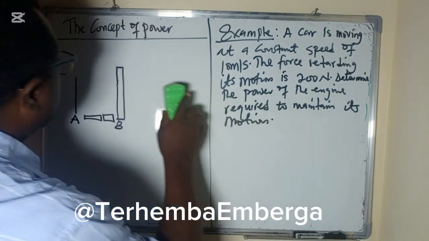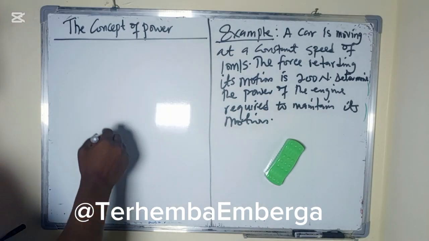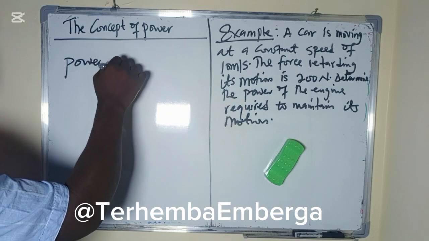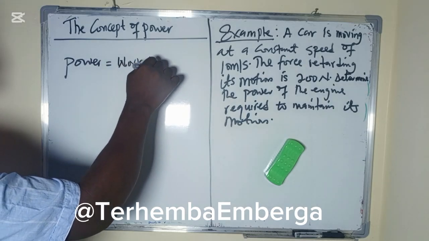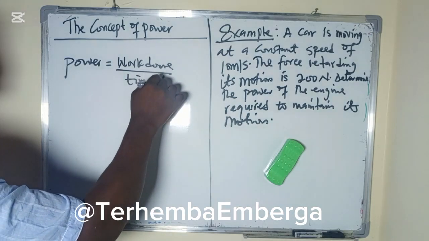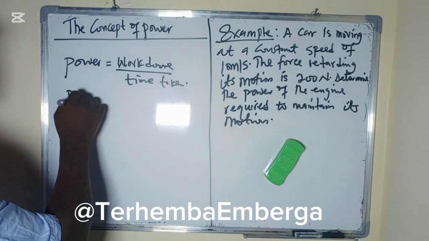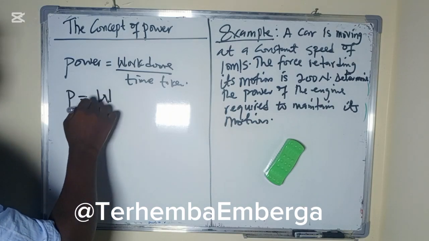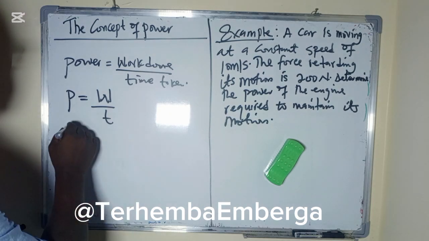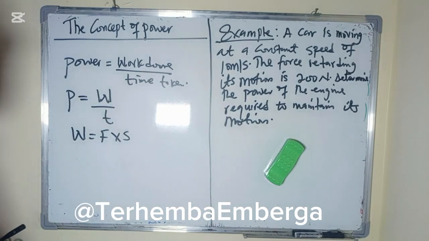So mathematically, we can say that power is equal to work done all over time taken. So we can write this as power equal to W all over T. Recall, we have defined work done as force times distance.